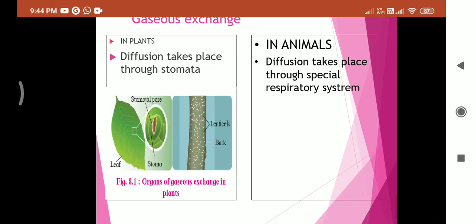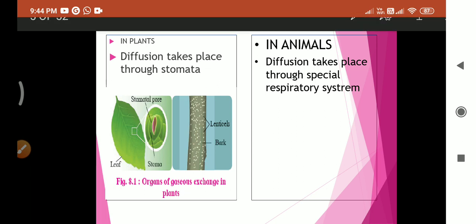Remember these two names. Lenticels are also air spaces. Where are the lenticels present? They are present in the bark of a woody tree, and the stomata are present in a leaf.